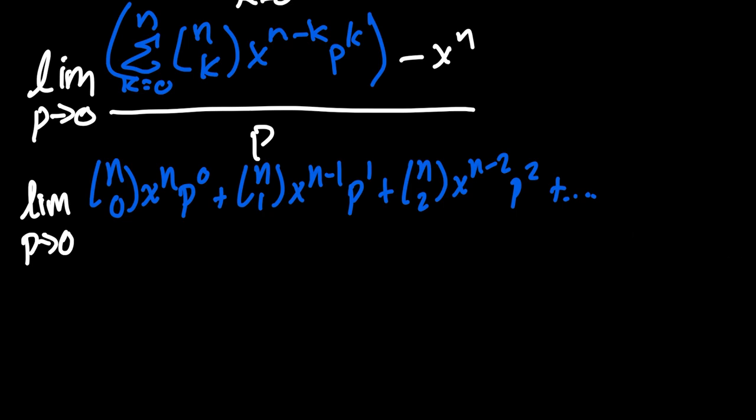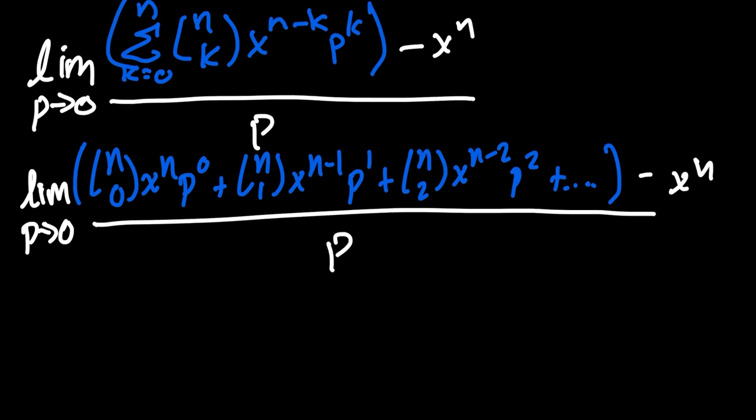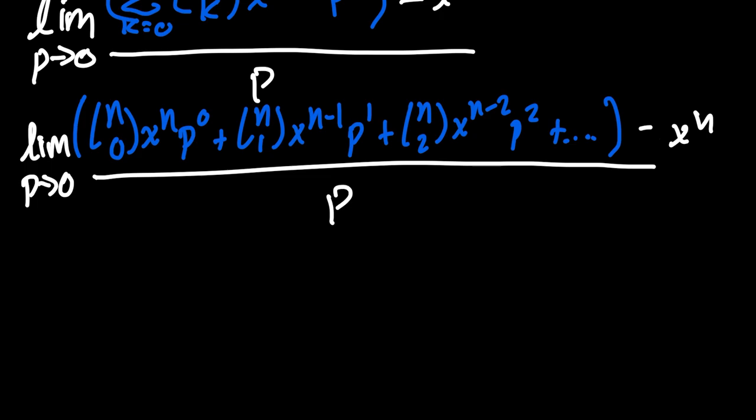I'm not going to write that down because we're going to do some manipulation. And then minus x to the n, over p. Now we know that n choose 0 is just equal to 1, and p to the 0th power is equal to 1.